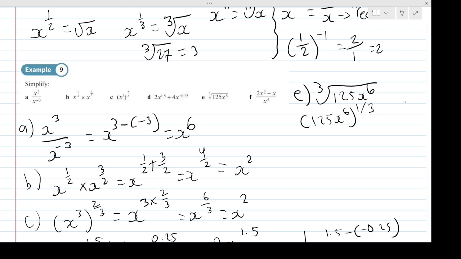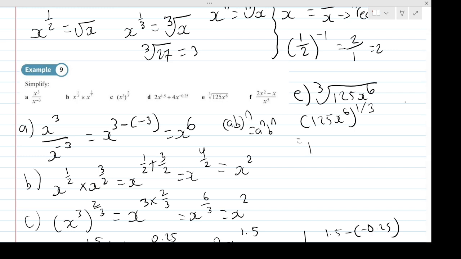And now what we can do here is, because we have a power outside the bracket, raise everything inside the bracket to a third. It's kind of like the index law, ab all raised to the power n. We split this up so that the power goes to each term separately.